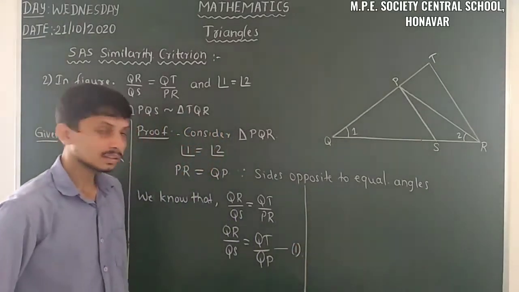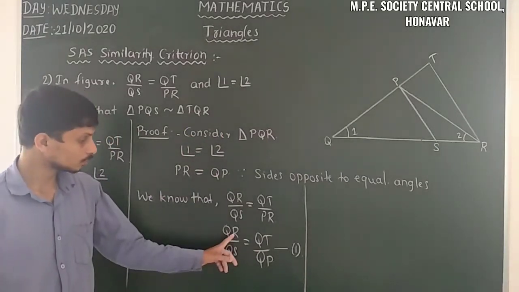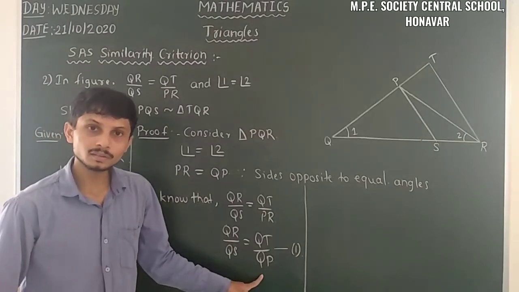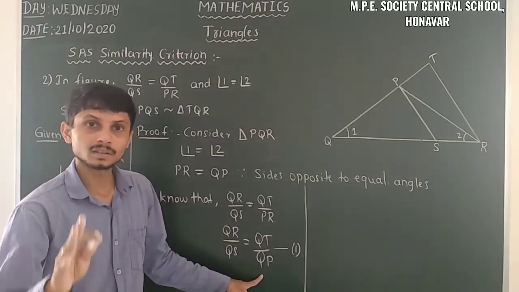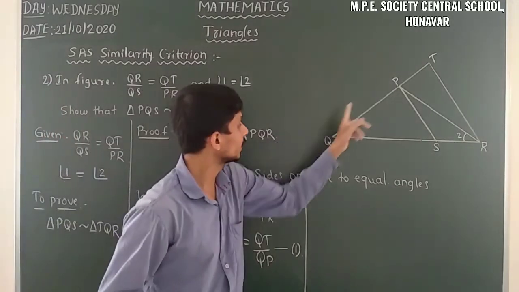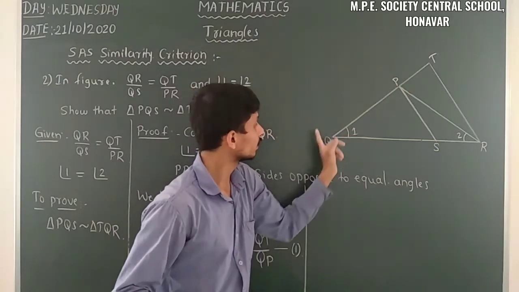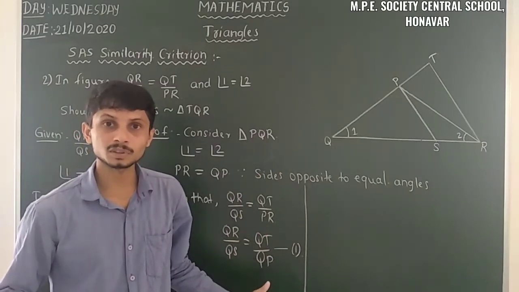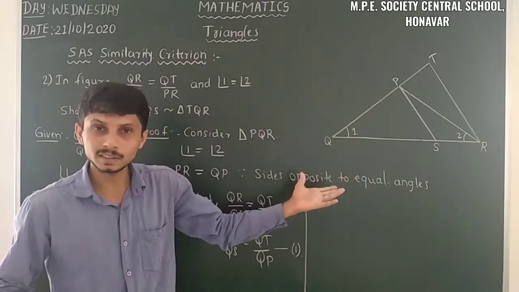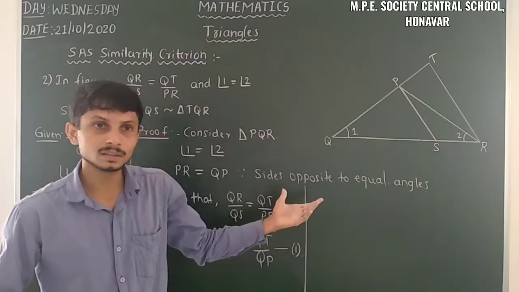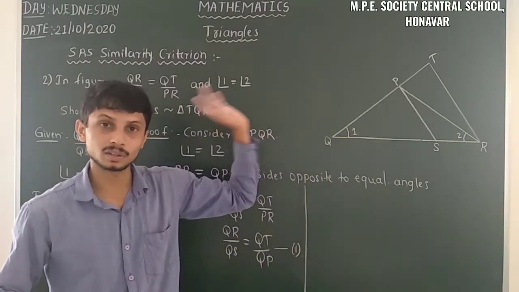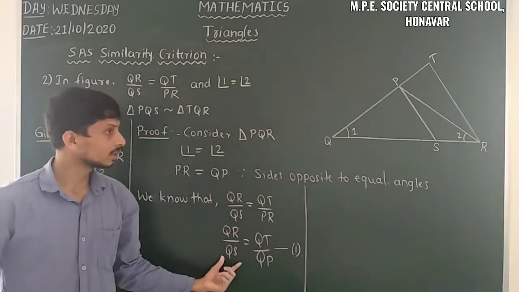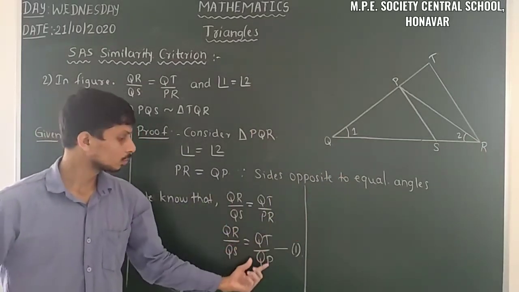And then just observe QR by QS and QT by QP are the corresponding sides of triangle PQS and triangle TQR. The corresponding sides are proportional, but we have to find the included angle for both the triangles. Angle 1 is the included angle for QR and QS, and QT and QP.